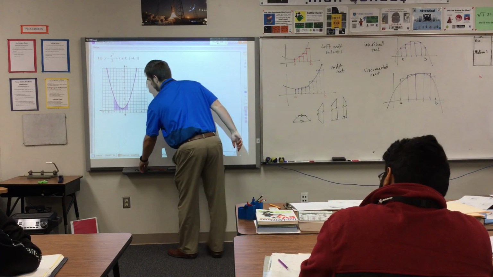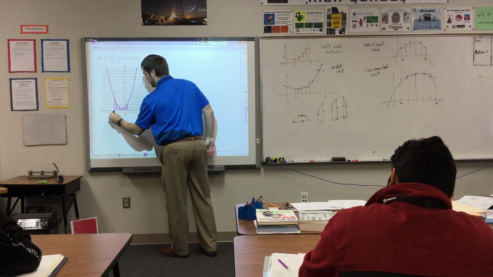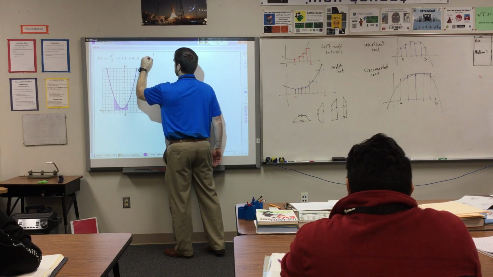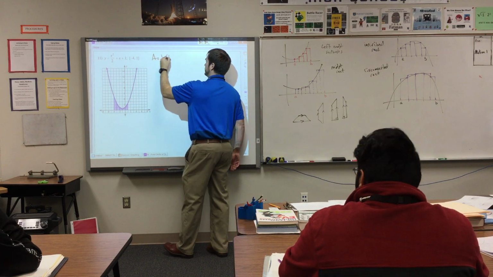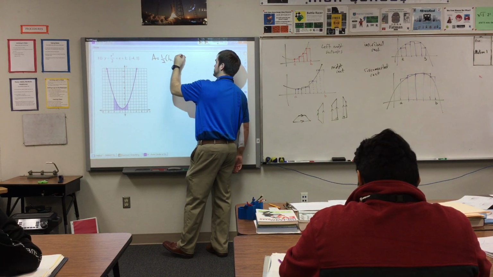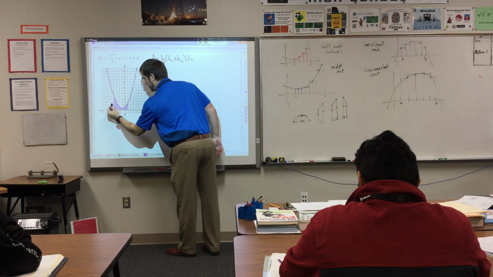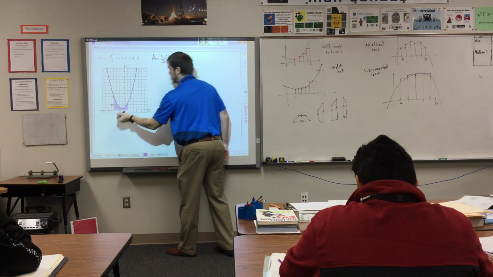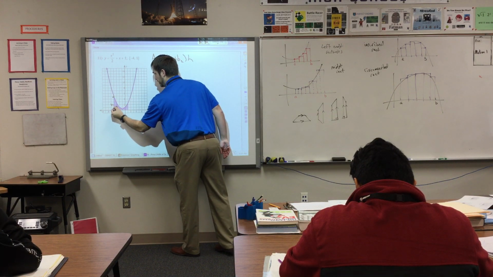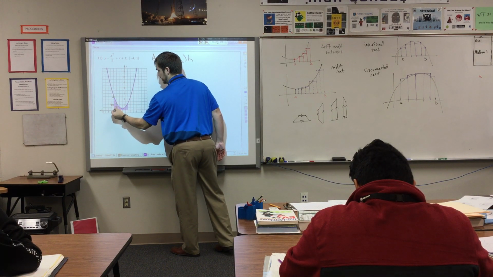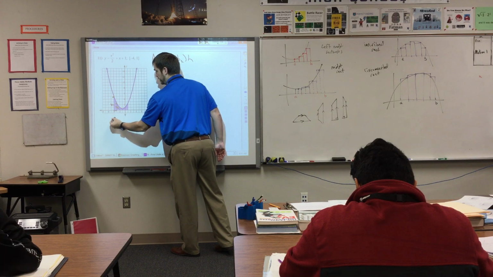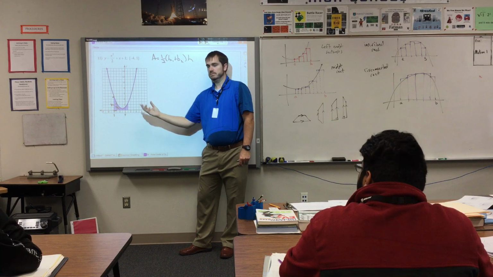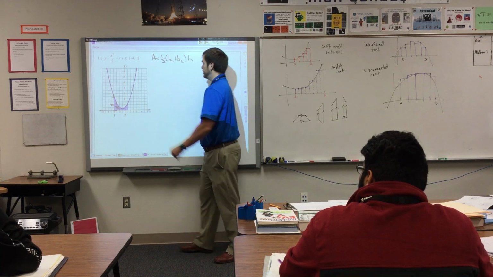That's using trapezoids, okay? So let me tell you how this is going to work. The formula is area equals 1/2 base 1 plus base 2 times the height. Base 1 is going to be the left side of the rectangle, and base 2 is going to be the right side of the rectangle, and the height is what we previously called the base, this width right here.